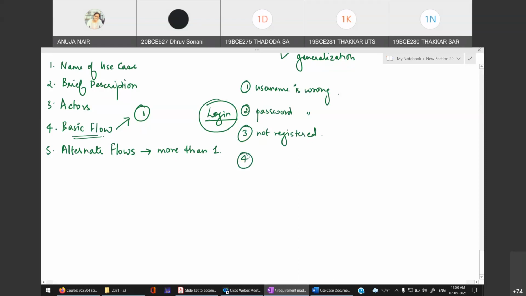Fourth alternate flow can be that my submit button is not redirecting me to the designated page. So what are alternate flows? Some errors or deviations happening because of which my basic flow is not working. That is called my alternate flow.